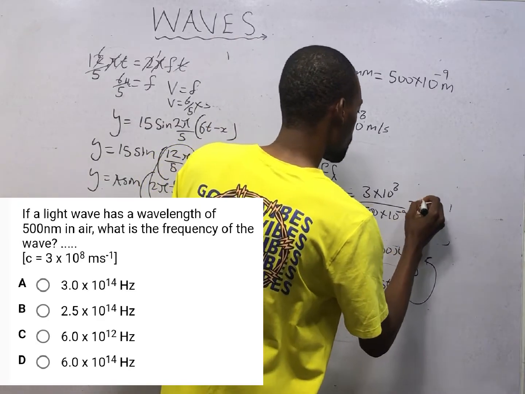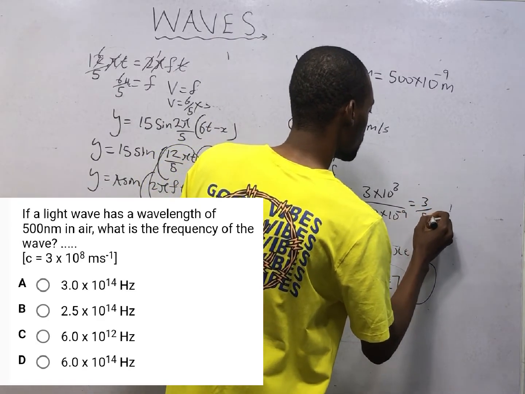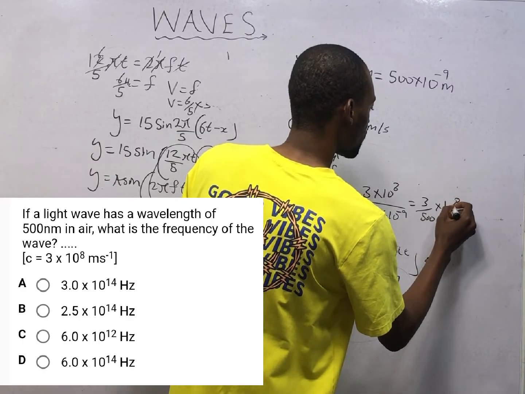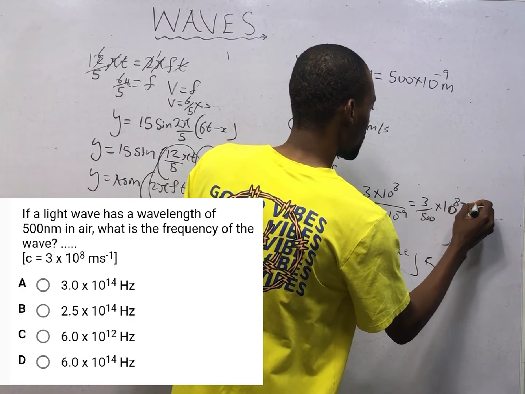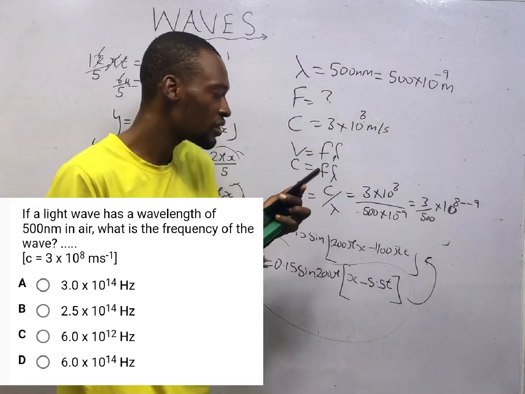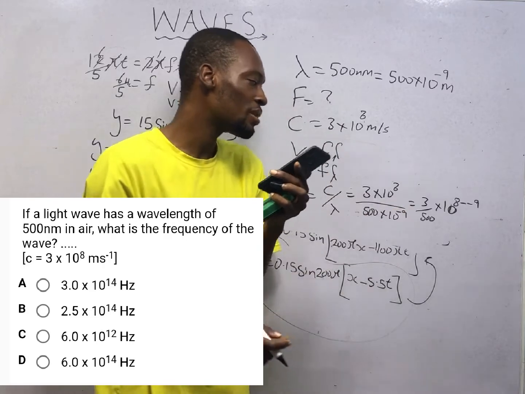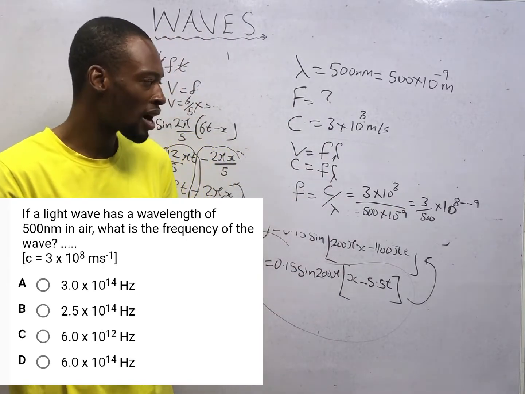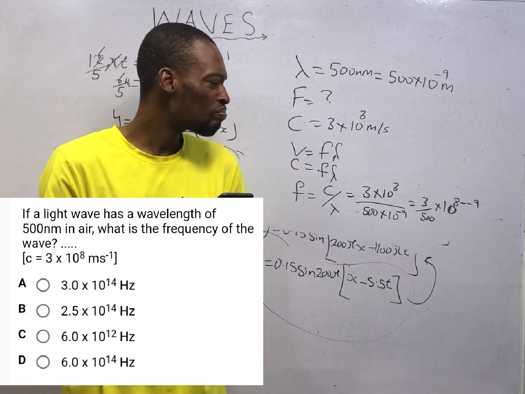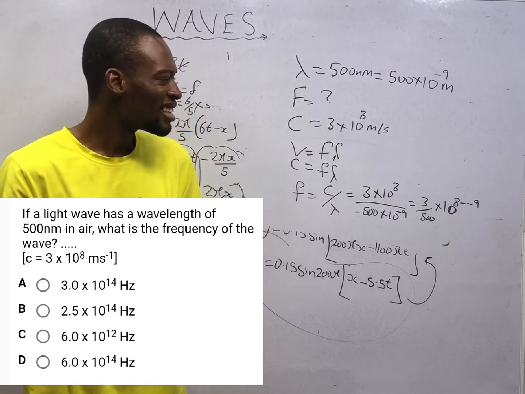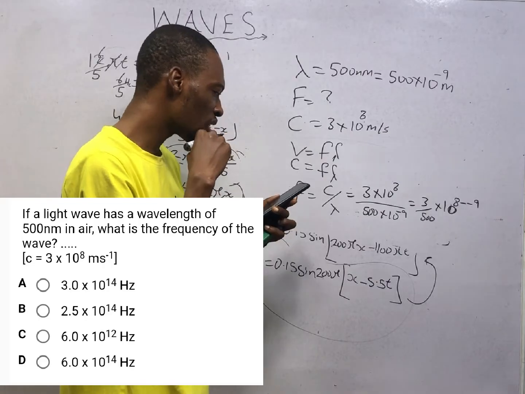So this will give you 3 over 500 times 10 raised to the power of 8 minus minus 9. According to the law of indices, when you have division and the bases are the same, you simply subtract the powers. So 8 minus minus 9, that is 8 plus 9. 8 plus 9, would that give you 17?